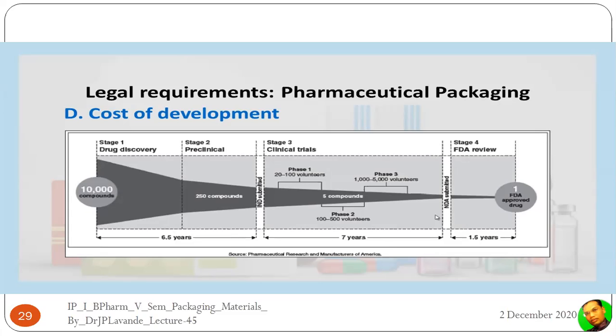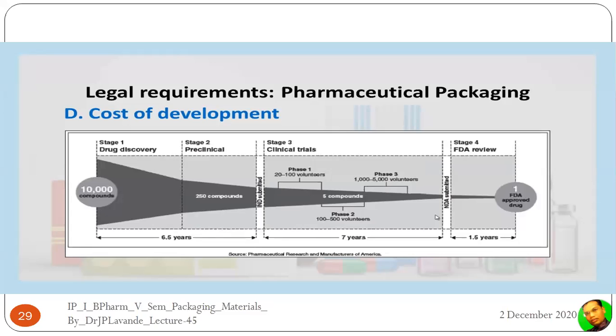As we got promising results in the clinical trial, the drug can be used on a larger population, and then the post marketing study continues in stage 4, which will take again around 1 to 2.5 years.